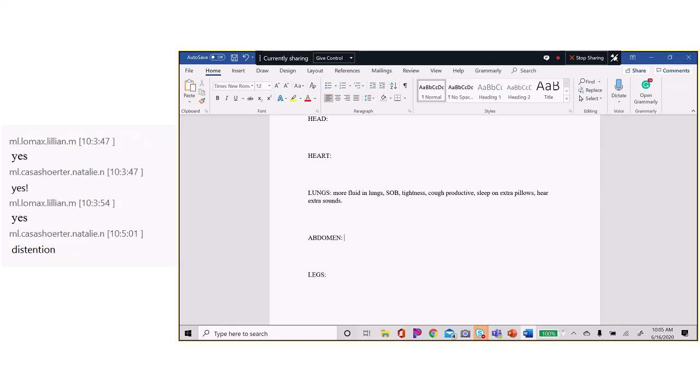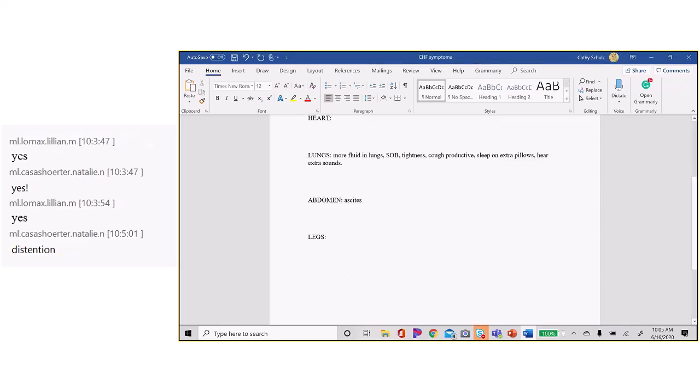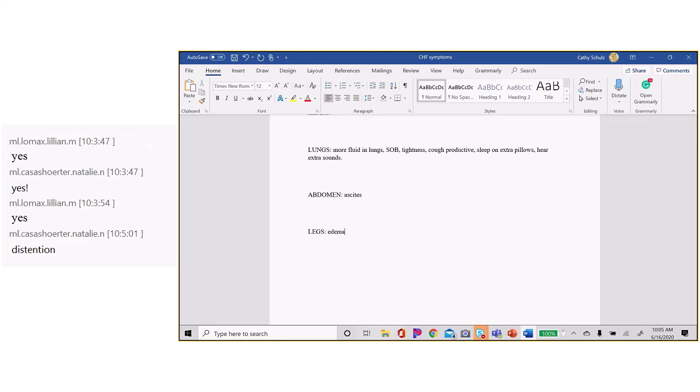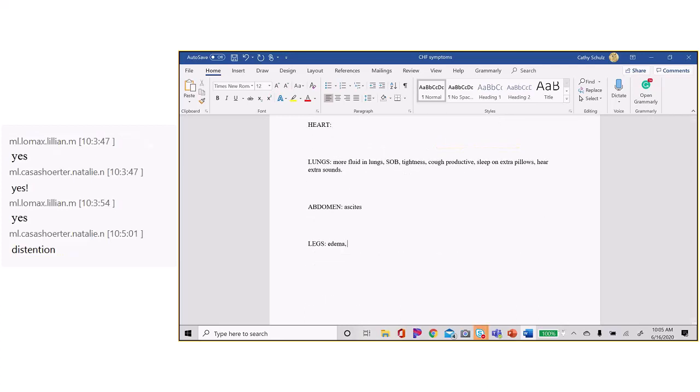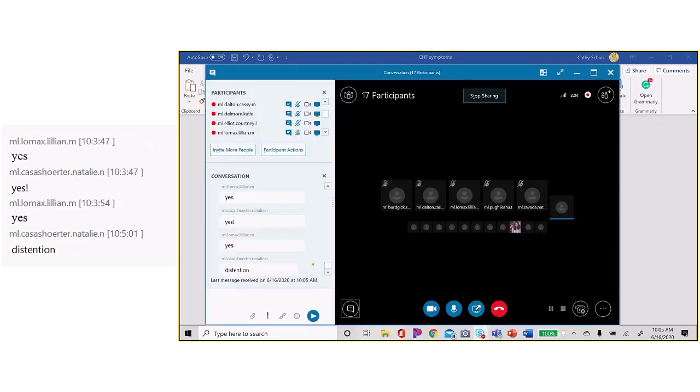Yes, you could get fluid there too, so their pants might feel tight. And then the legs is another place where they can get edema. And they might say, okay, that means my socks are tight, shoes are tight. So you have to focus on the things that they will say exactly. It's all from extra fluid.